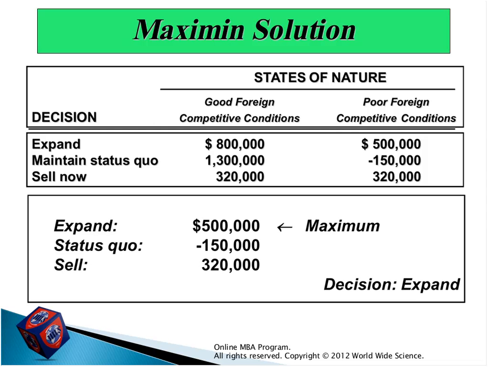And for sale, no difference, 320,000. Maximin means the maximum of minimums. So among these minimums that you just determined, 500,000 is the maximum. It's more than minus 150,000 and more than 320,000. So the maximin method tells you expand is the best decision.